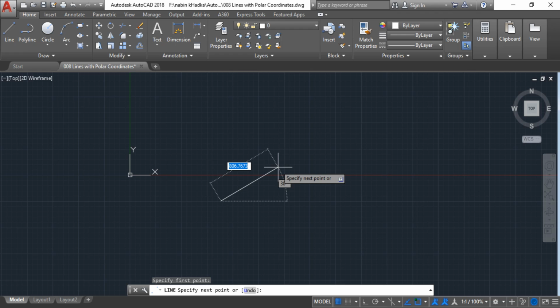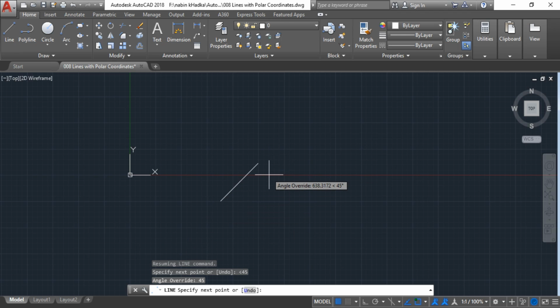For the angle, you need to type angle 45 degrees. Now as you can see, the line is inclined at an angle of 45 degrees with respect to the x-axis, which is also known as the east direction. You might remember that by default the east direction is set as the base angle and the angle is always measured in the anticlockwise direction.